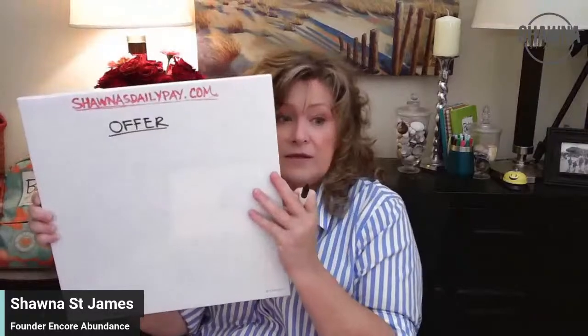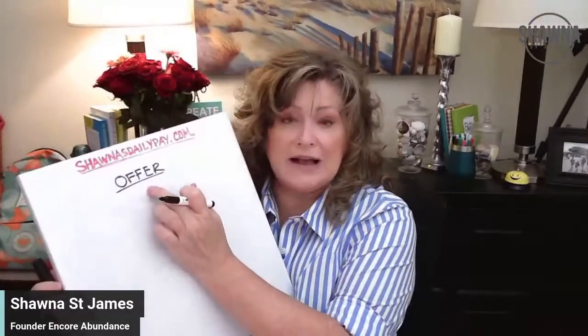So when you have a product, and we're going to call a product an offer, okay? This is whatever it is you're actually selling. There are different points of contact that you can use on your offer ladder, right?